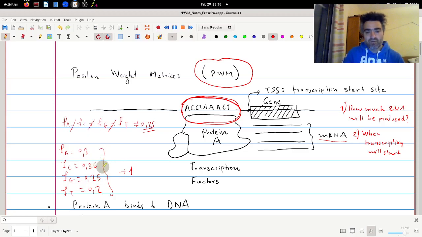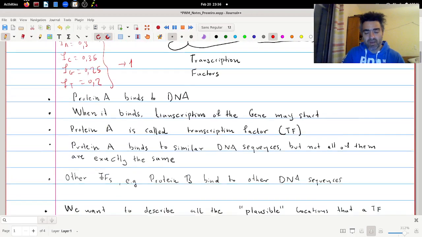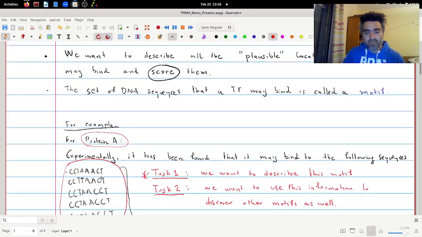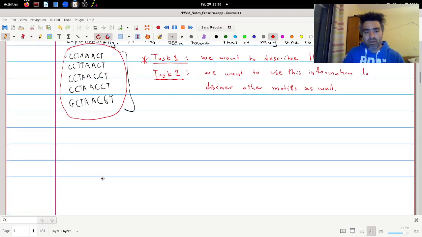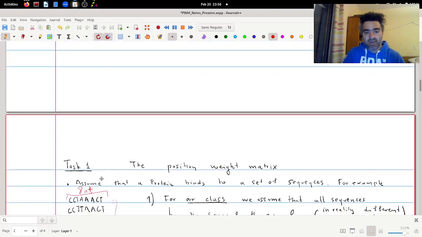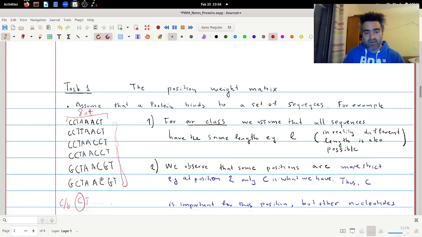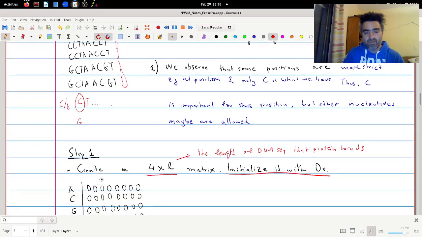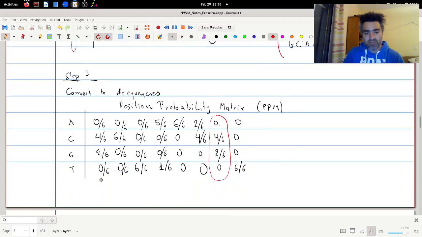Either the first solution, where we put 0.25 everywhere, or we count the frequencies for the whole genome and assume that this is what we expect by chance. We take these as the frequencies of ACGT that we expect by chance.